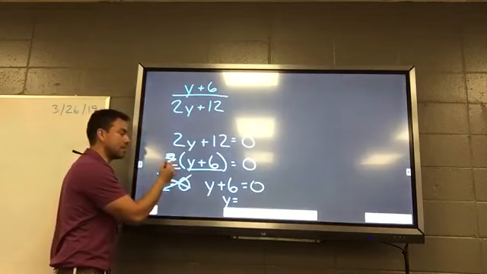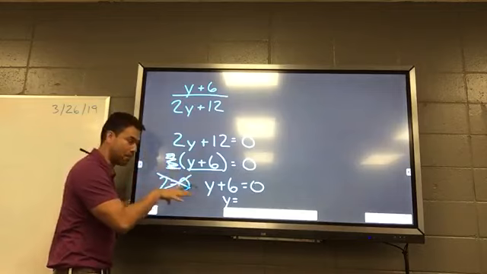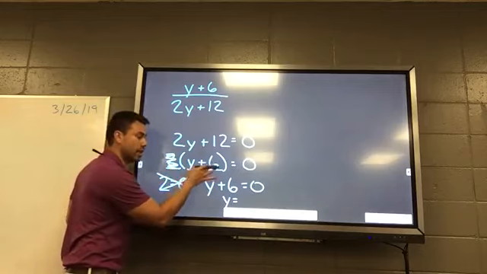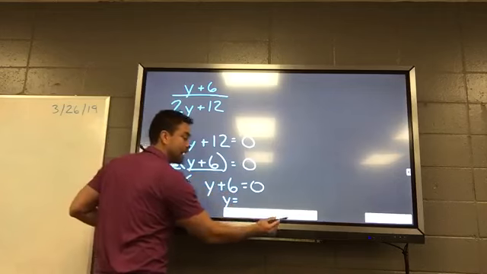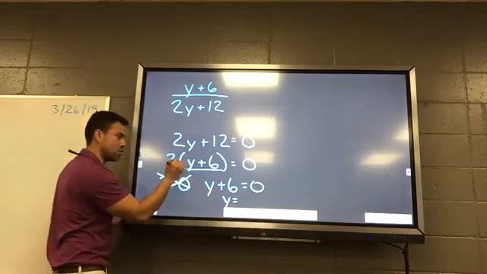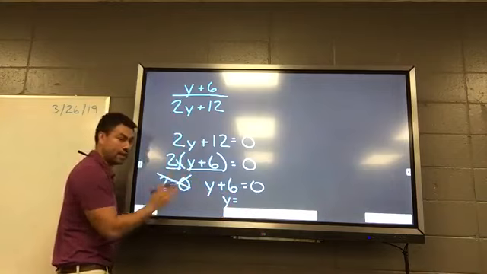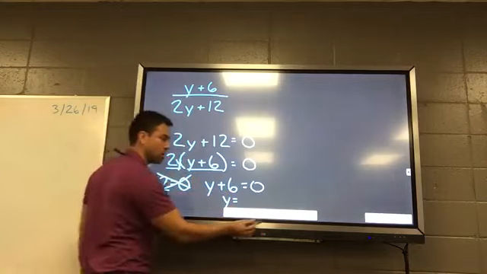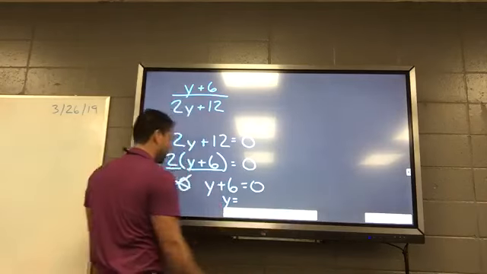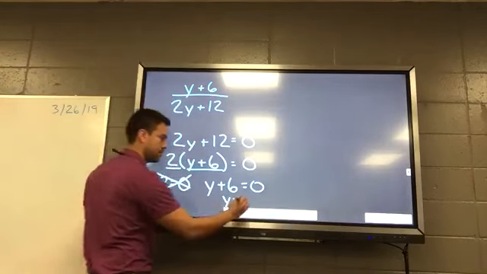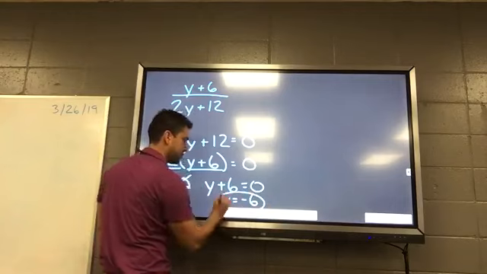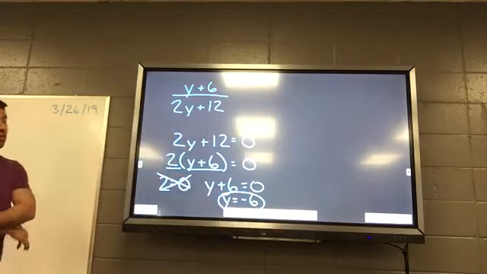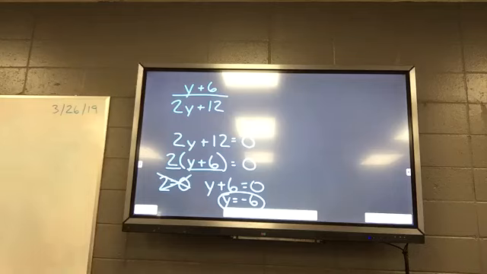Because this 2 really didn't mean anything for this type of problem, you still were okay to get y plus 6, but it might not work out that way if you had a 2y. If you just deleted that, you would get something wrong. So it just happened to be the right one. I didn't really factor. I just tried to solve for y. So does it always work? No, it doesn't. Sometimes you have to work it out, as you'll see in other problems.